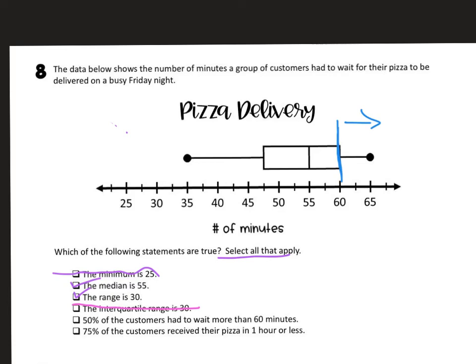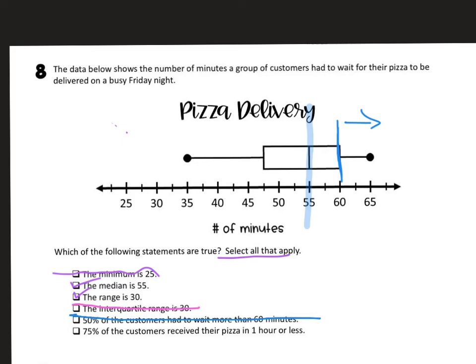Well, technically this is broken into fourths, right? This is 4 sections. Don't you agree that this is the middle, the median, correct? We already answered that. So that's half right there. That would be half of the customers. And so right away that tells us that that is false.